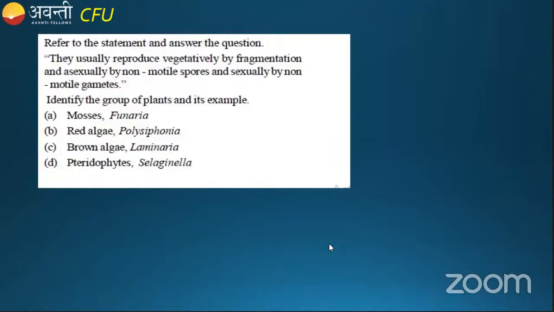Last 5 seconds, I'm waiting for the last 5 seconds. Only 53% voted. Guys, what is happening? Last time when we started, 90%, 95% voting would be coming up.